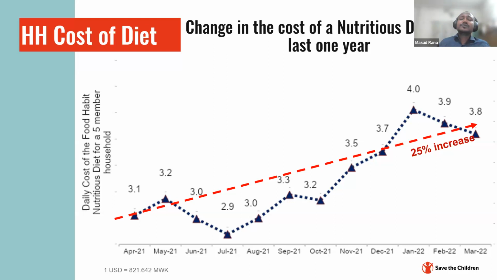And when I say cost of a nutritious diet, I specifically mean a nutritious diet that's also desirable. And that's pretty high. And you see it's trending up. Of course, it gives us an annual figure. I haven't presented it here, but the annual cost of this diet would have been more than $1,200. To be specific, it's $1,236.